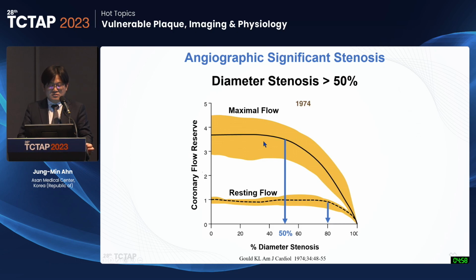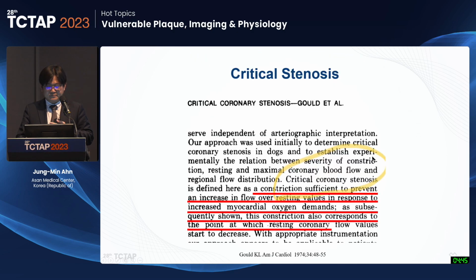So anyway, based on the animal study, without atherosclerosis, diameter stenosis of more than 50% is associated with reduced maximal flow, and almost 80% is associated with reduced resting flow. So Dr. Gould asked, what is critical stenosis? Constriction sufficient to prevent the increase in flow over resting value in response to increased myocardial oxygen demand. So actually 80% is a critical stenosis.